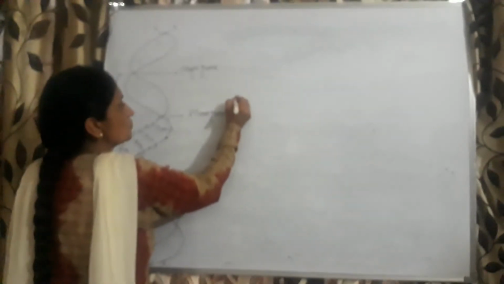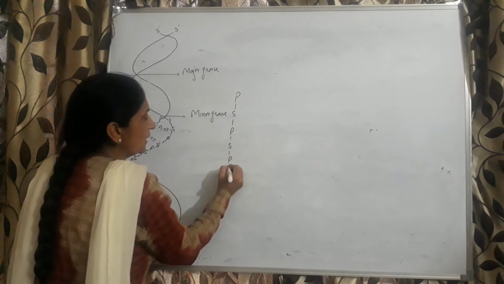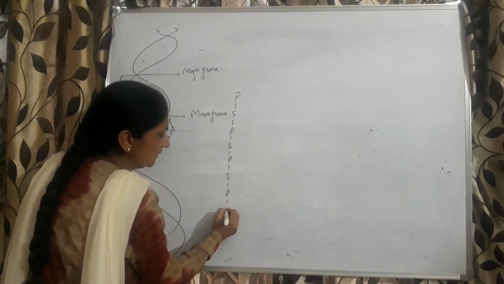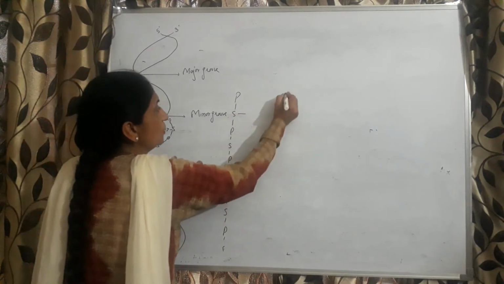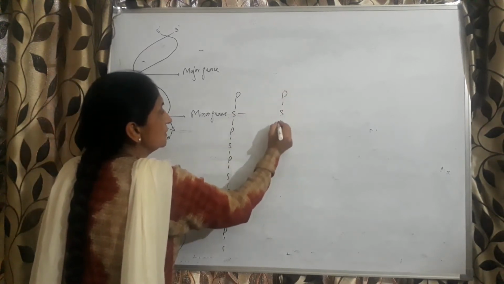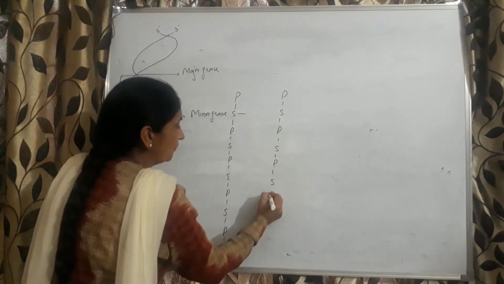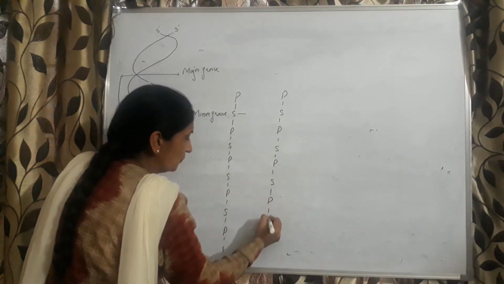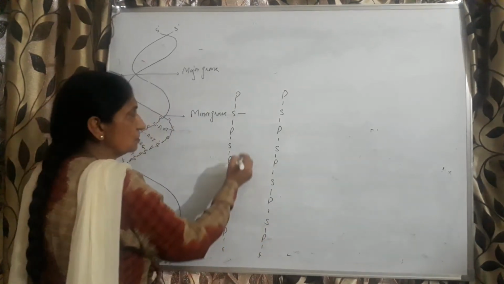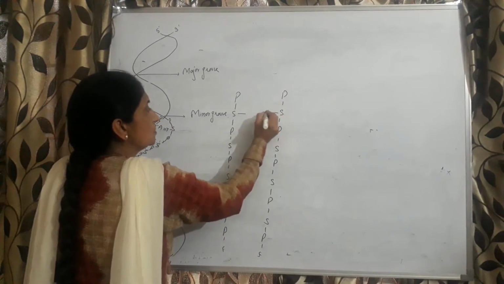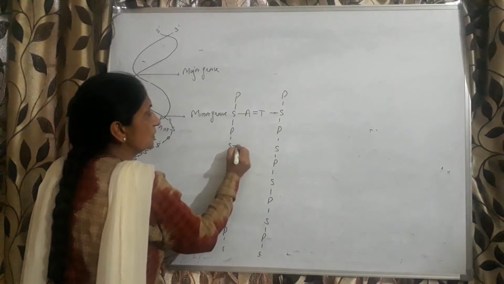We can compare this model with a ladder whose vertical bars are formed of alternating phosphate and sugar, and whose horizontal steps are made up of base pairs. Just see, if there is adenine on one side, there will be thymine.